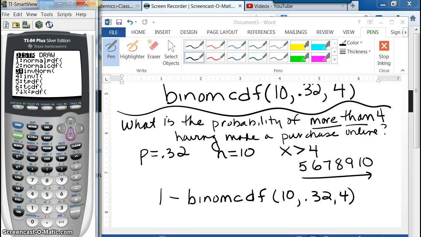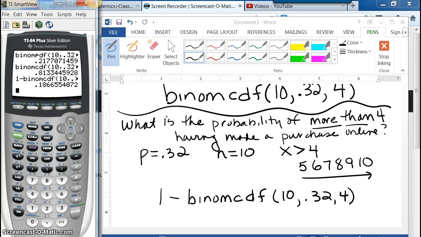I have to come down and find the binomial CDF. Then I'd have to type these in, come down to paste. It'll do 1 minus that, then I just enter, and then there's my answer.